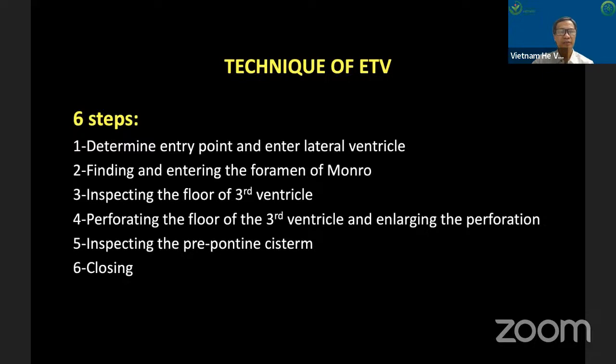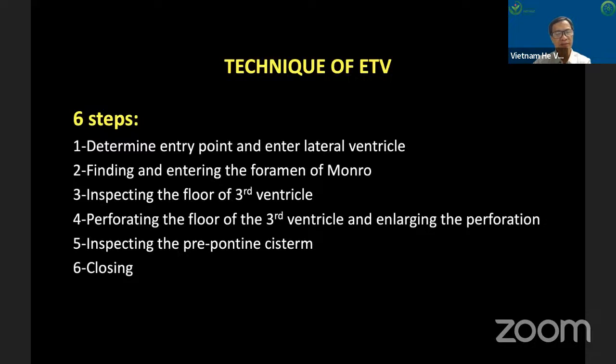And we have 6 steps for the technique of ETV. First, you determine the entry point and enter the lateral ventricle. The second, when you go inside the lateral ventricle, we must find the Monroe foramen.